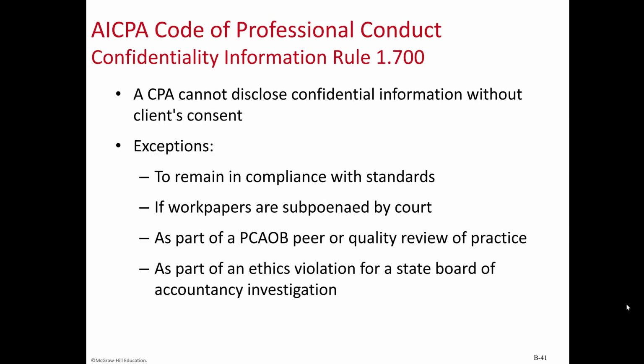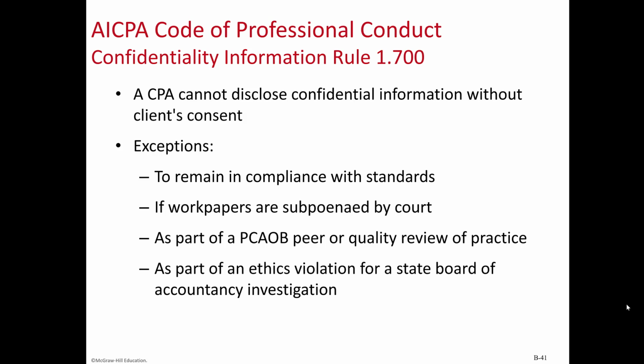Now let's talk about confidential information, Rule 1.700. So you as a CPA cannot disclose confidential information without the client's consent. There are a few exceptions that are noteworthy and you should know.